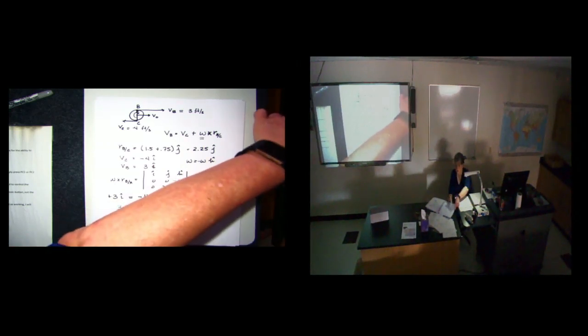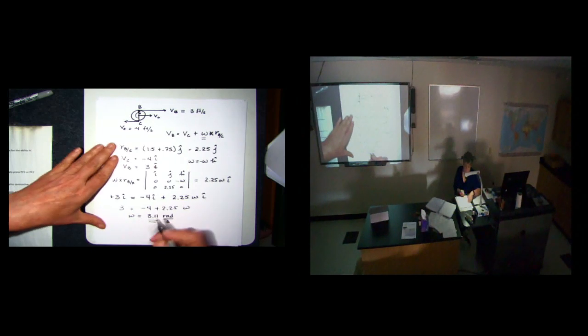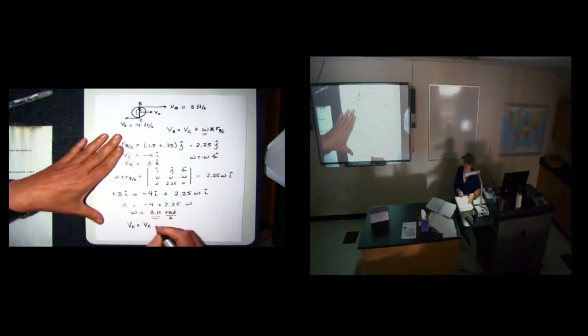So we're going to work through this one. Ultimately what we want to find out is the velocity at D, and we're going to figure out some angular accelerations along the way.